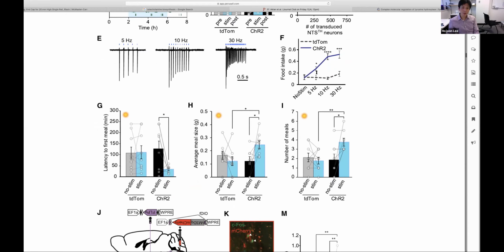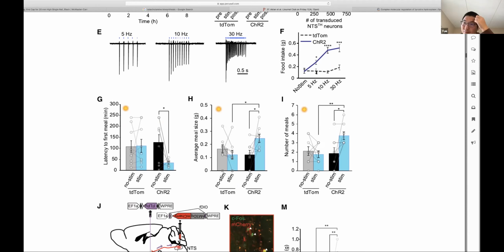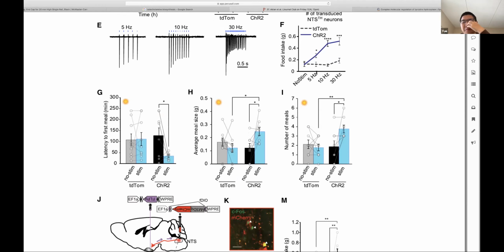Don't know what that means. In G through I, they noted that during the stimulating period, there was an increase in the frequency of food consumption.